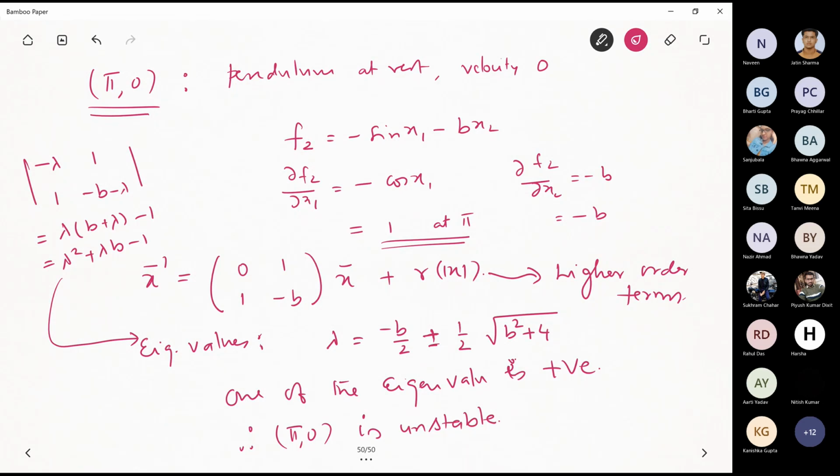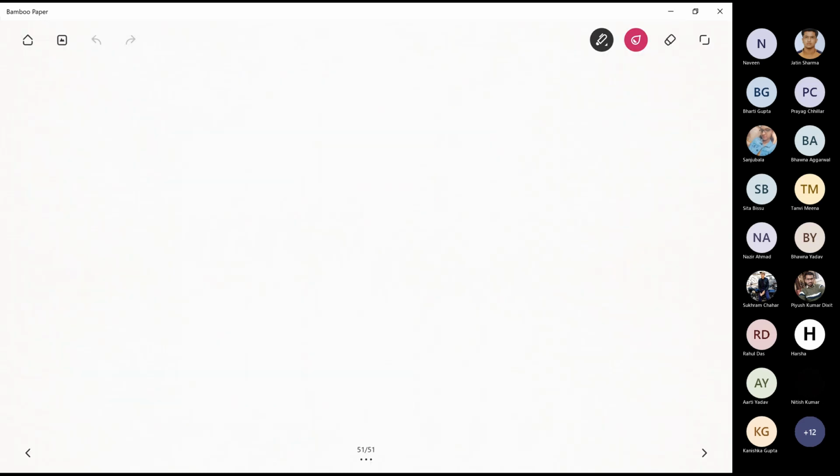Now let's look at the same problem using Lyapunov's stability. So we have the Lyapunov function.